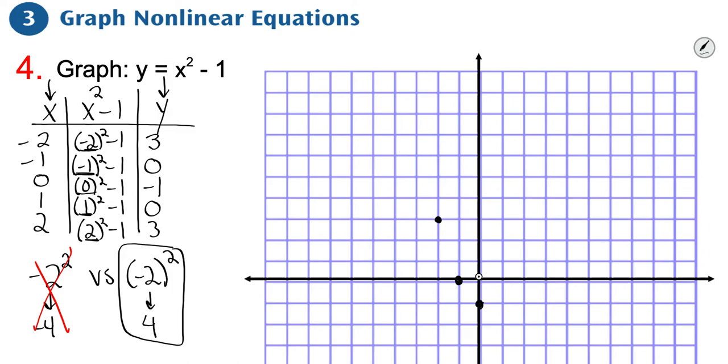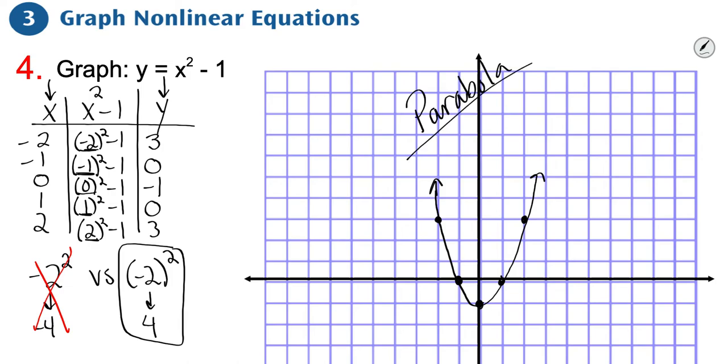Then I'm going to go 1, 0, and then I'm going to go over 2, up 3. All right, and then we're going to connect the dots. So we're kind of going from here down to there, and then back up, and that's kind of what we have. So that's called a quadratic. This is a parabola.